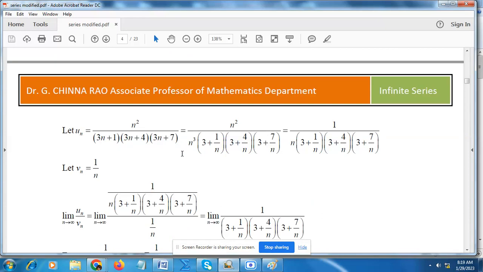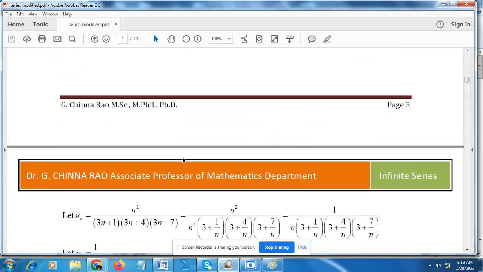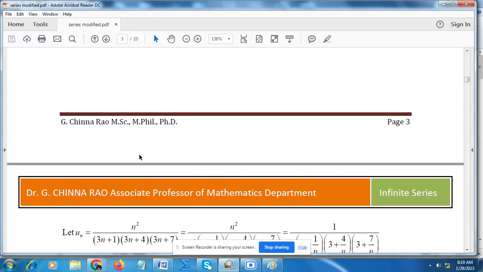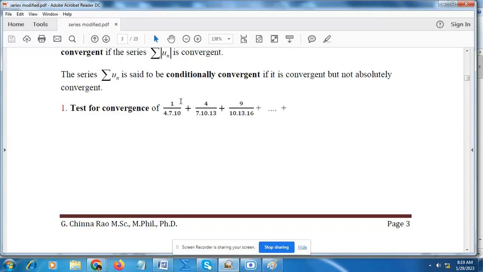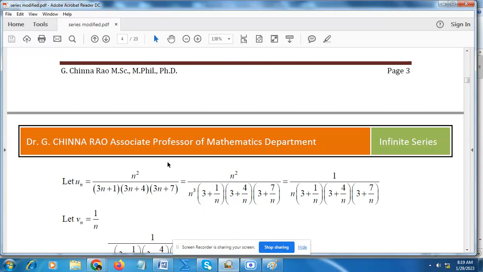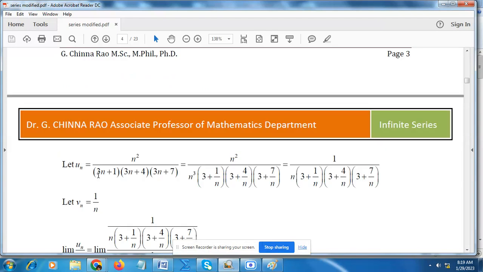First, you have to find the nth term and then check it. Put n equal to 1. Is it matched or not? Of course, sometimes you may neglect the first or second terms to get the nth term, but after that, you have to get all terms from this nth term. Okay. Yes. After checking, the nth term is correct.